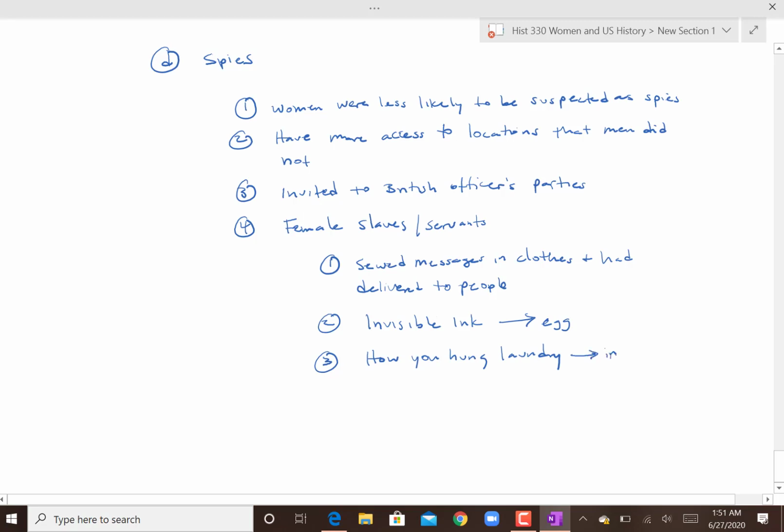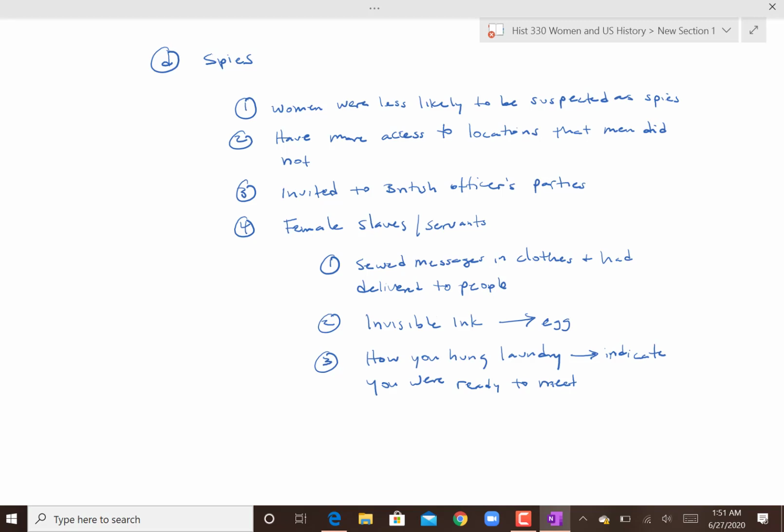So if you didn't have someone that you could pass stuff off to, then when you were doing laundry, which was just seen as a normal job for women and slaves, and both. I put this under slaves, but some of the female spies that were not slaves did this as well, which is why I was separating the two.